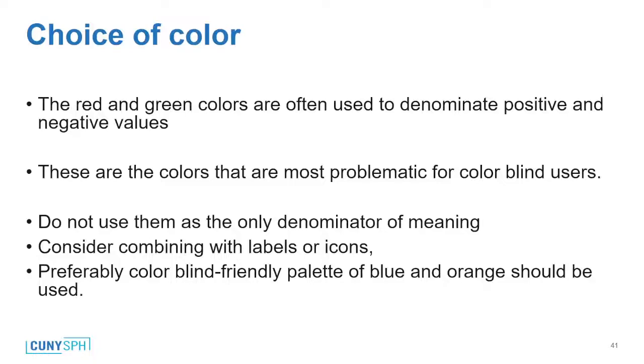Remember that red and green have positive and negative values, and they are valid to use, but they can be problematic for colorblind users. Please don't use color as the only carrier of meaning, especially if they are green and red, and we may consider combining them with labels, icons, something else that makes them different.